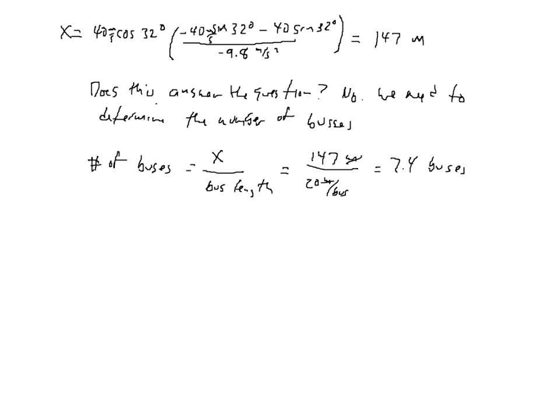buses. And we know we can't have 0.4 buses, so that means it can jump the motorcycle or the motorcycle and rider.